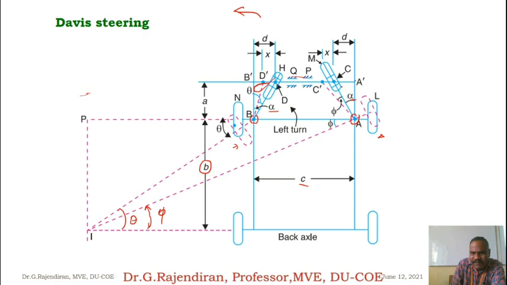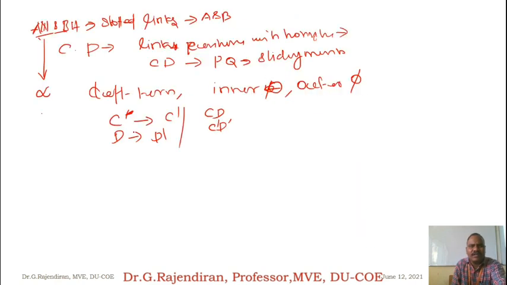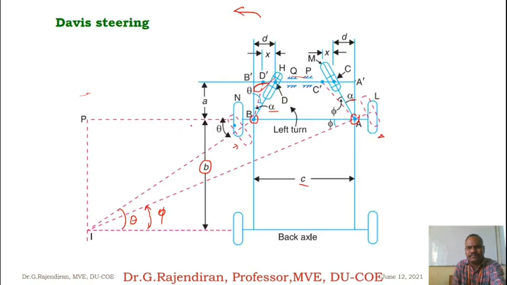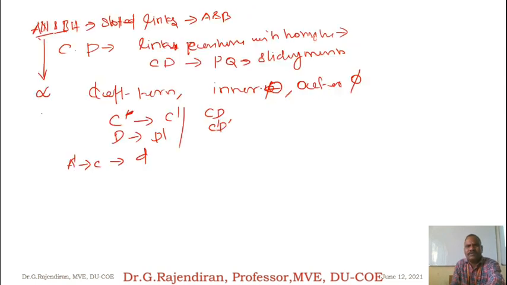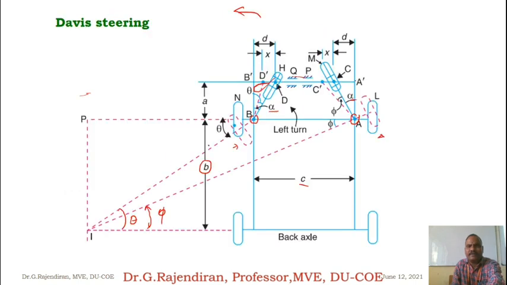The distance between A dash and C is equal to D, and C to C dash is equal to X. Clear?